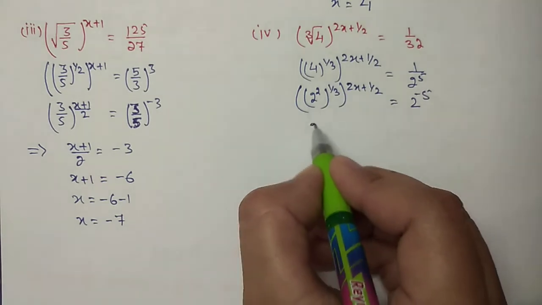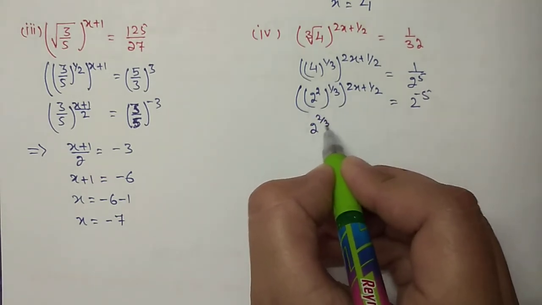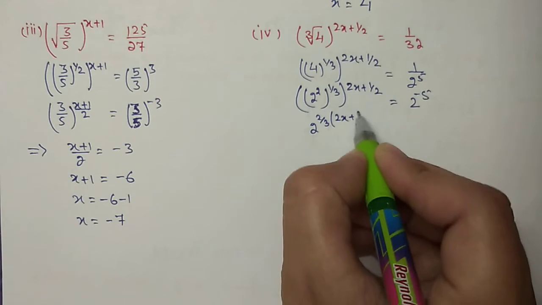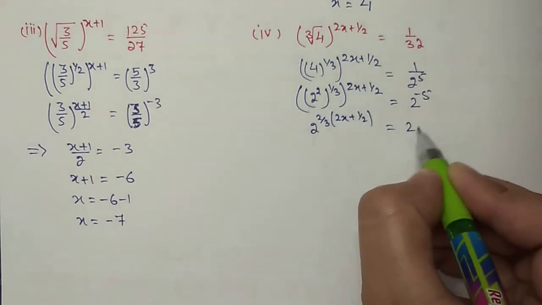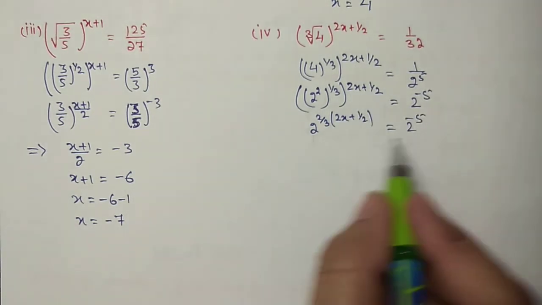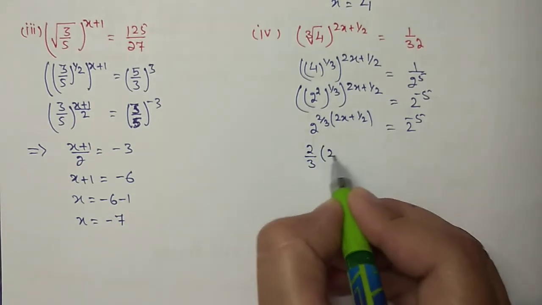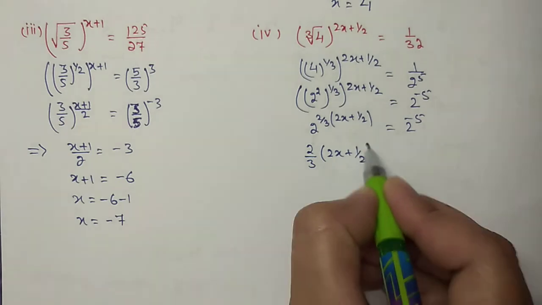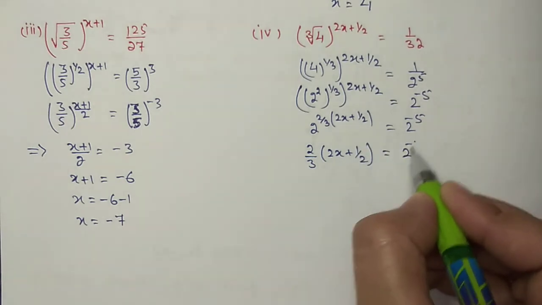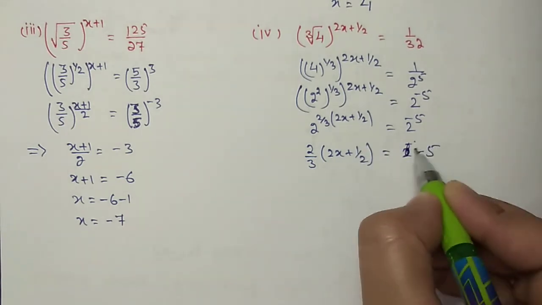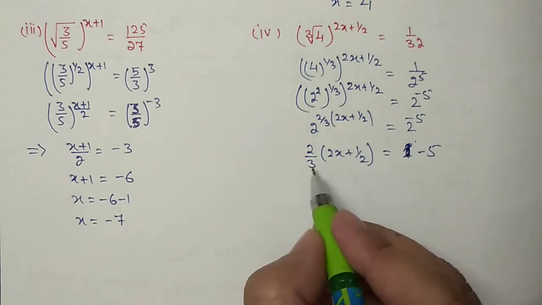This will be 2 to the power 2 by 3 and 2x plus 1 by 2 equal to 2 to the power minus 5. We can compare power now. Only power we have to compare.